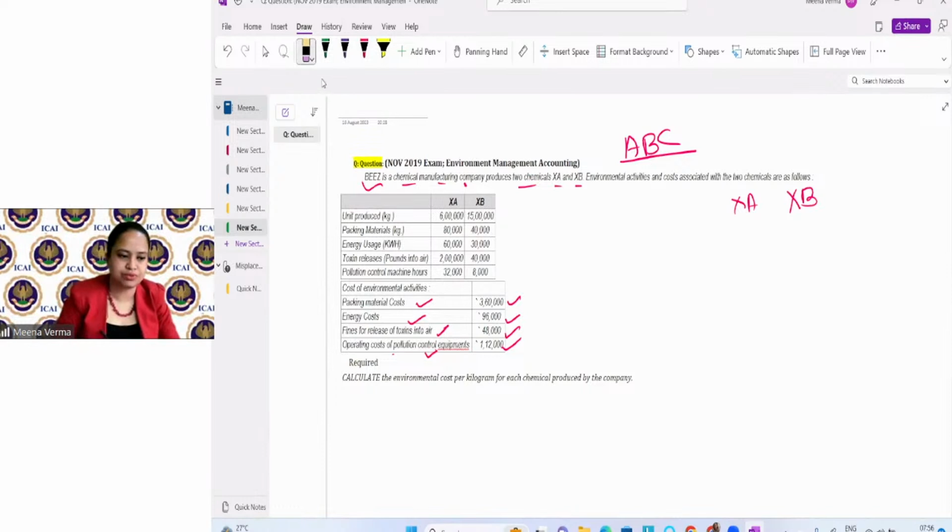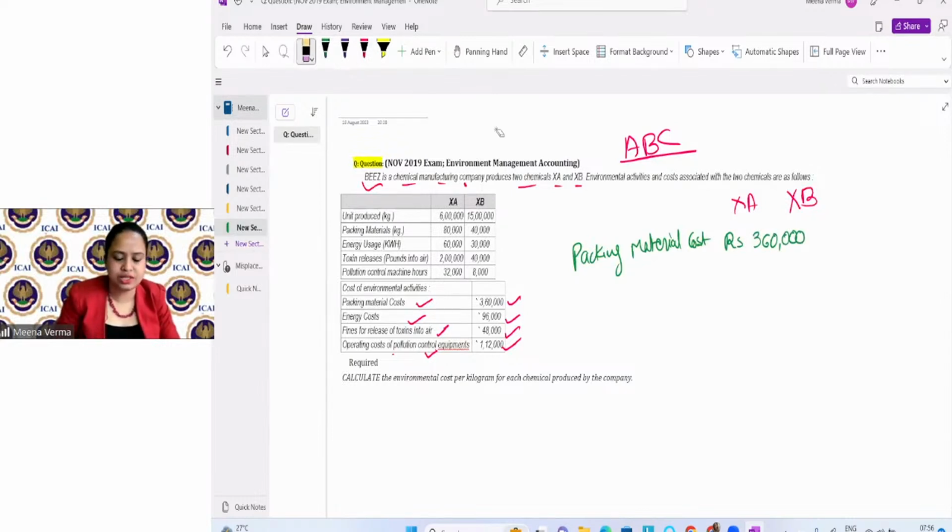Let's do this question. So the first cost is packing material cost. Packing material cost is 3,60,000.